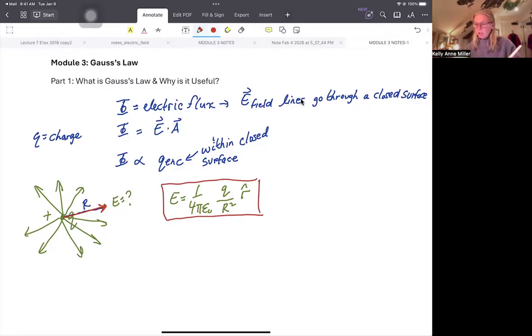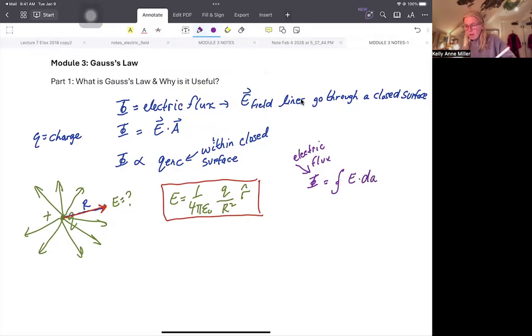Okay. So you also saw in the tutorial last week that electric flux is defined as what we call the surface integral of the electric field times the area vector.